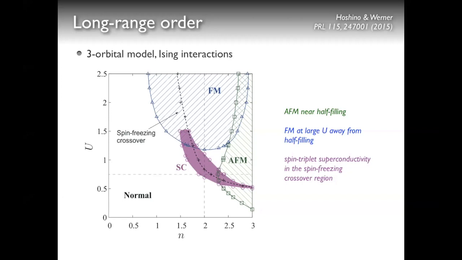You can see that close to half filling, the system basically wants to order antiferromagnetically, whereas at large interaction and away from half filling, it wants to order ferromagnetically. But most interestingly, along the spin freezing crossover line, we find a transition to orbital-singlet spin-triplet superconductivity. And this is for some fixed temperature.